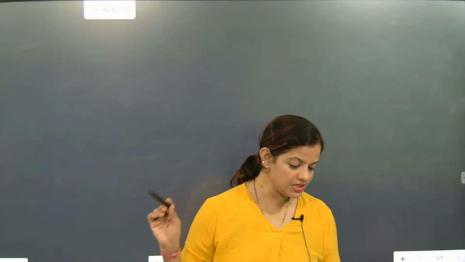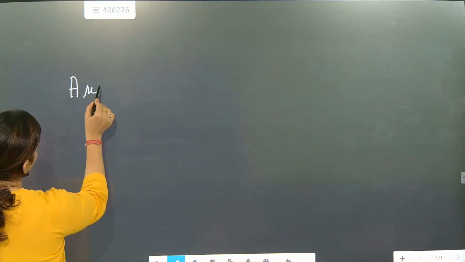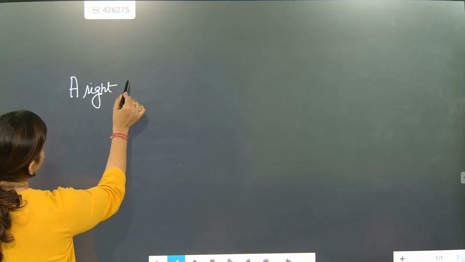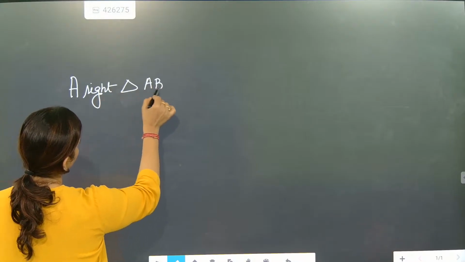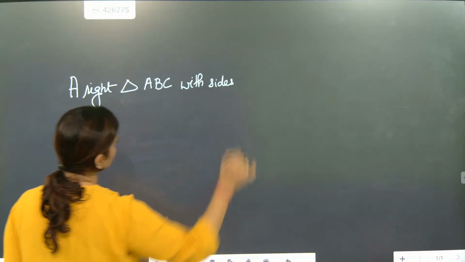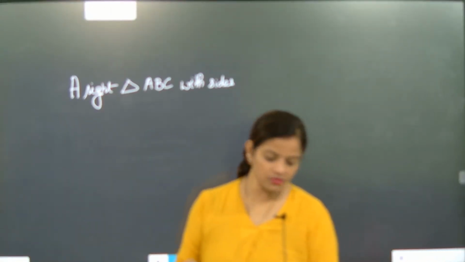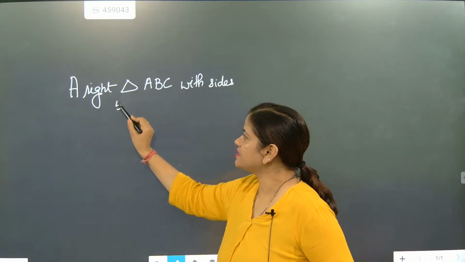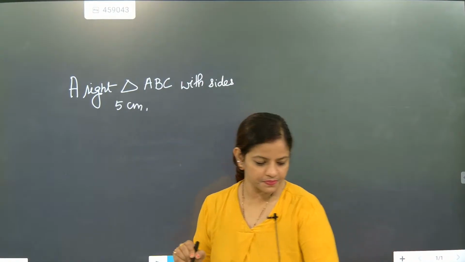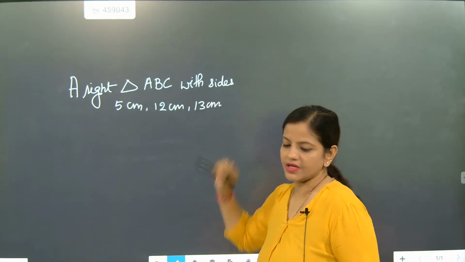ABC is a right triangle with sides 5 centimeters, 12 centimeters and 13 centimeters.